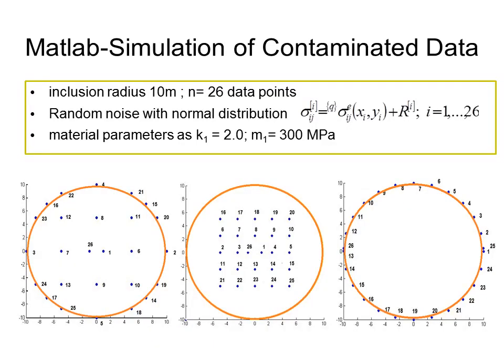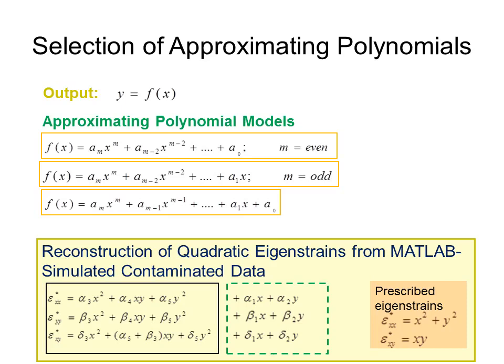Here we have a quadratic eigenstrain which is prescribed, and then we use 3 types of data. This is distributed, this is only in the center of the inclusion, and this is only on the boundary, and there are 26 data points. This is the elastic field which is prescribed with random noise, which is the contamination.